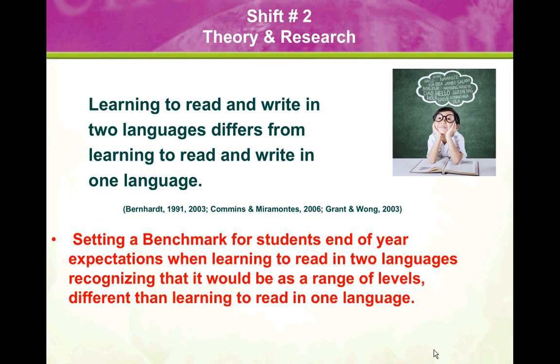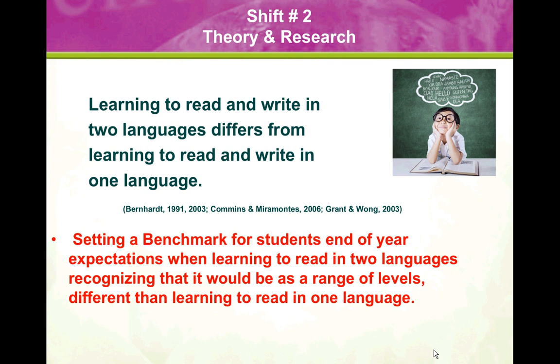The second theory and shift is that we know learning to read and write in 2 languages differs from learning to read and write in 1 language. So again, I'm going to refer you back to the benchmarks that were set for monoliteracy native speakers, who are learning to read in only 1 language. Those benchmarks were set for that situation.